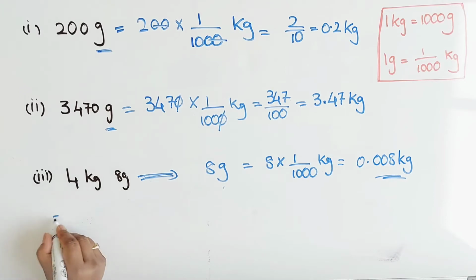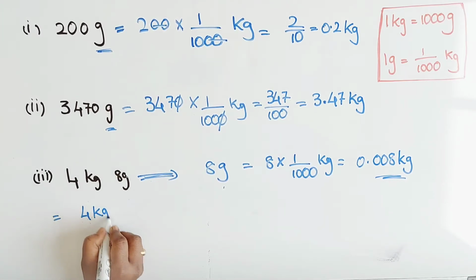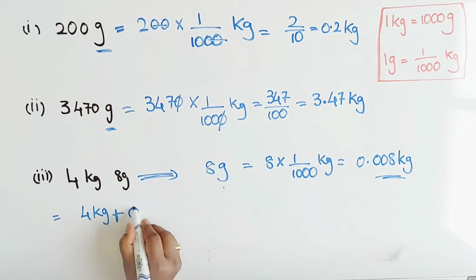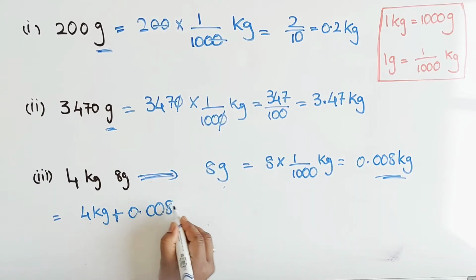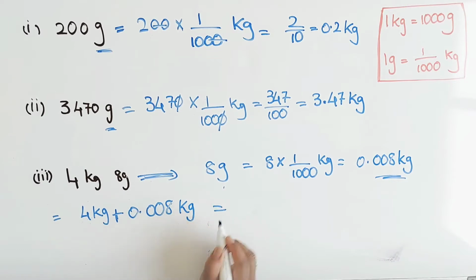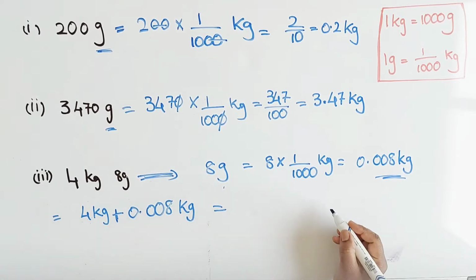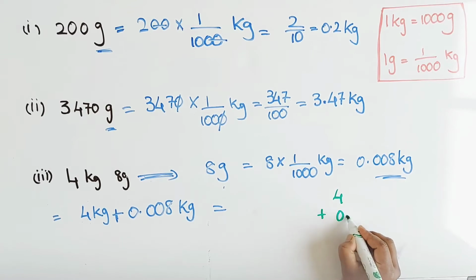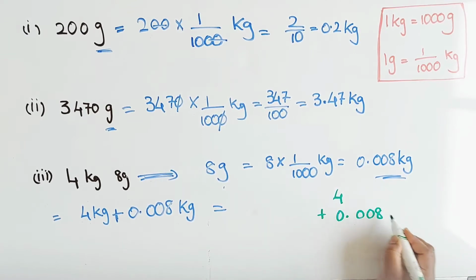Now this equals 4 kgs, in the 8 grams place 0.008 kgs, children. Correct? Now 4 plus 0.008. Now we will do addition, children. 4 plus 0.008 kgs.